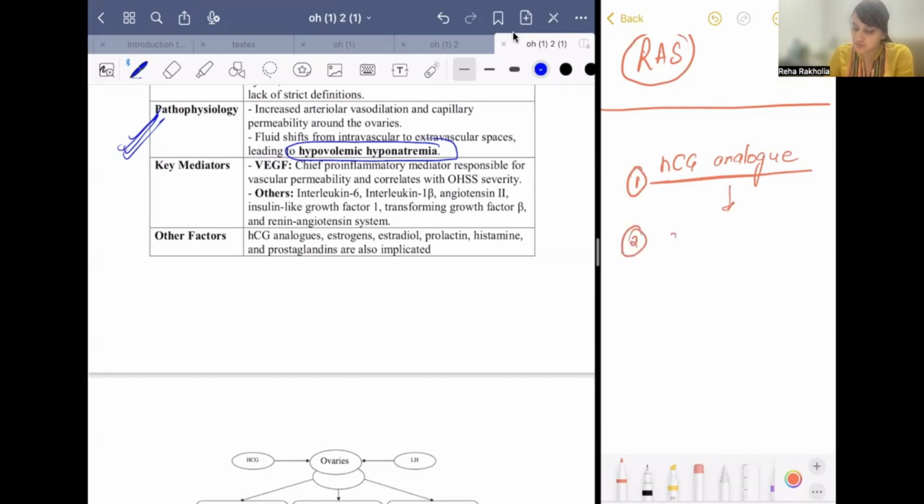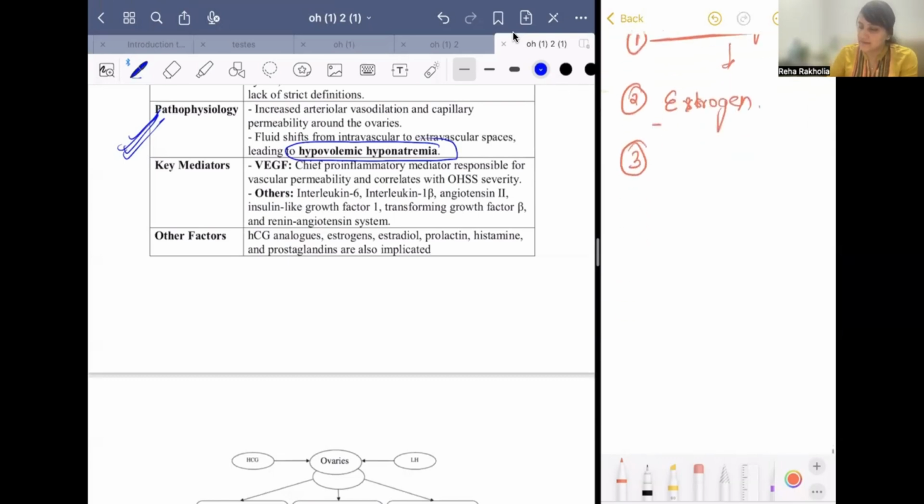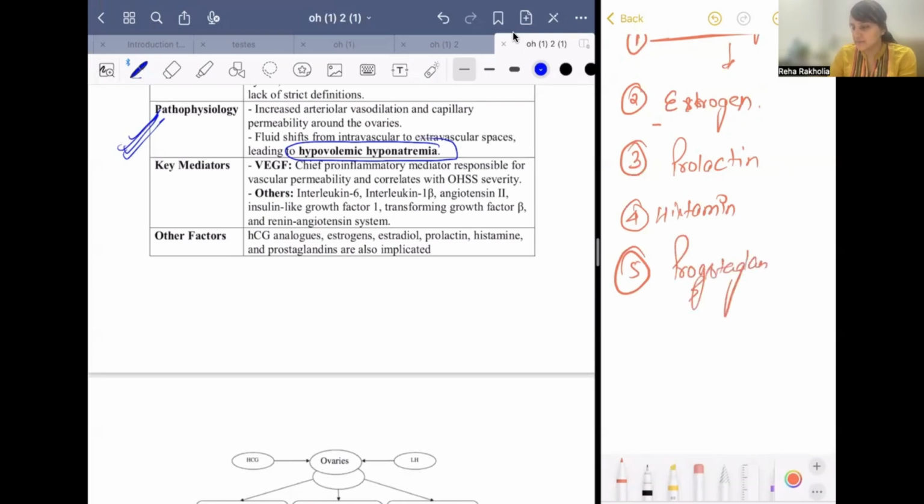Second is estrogen and estradiol, the female sex hormones. Third is prolactin, a hormone associated with milk production. Fourth is histamine, involved in allergic reaction. Fifth is prostaglandin, involved in inflammation.